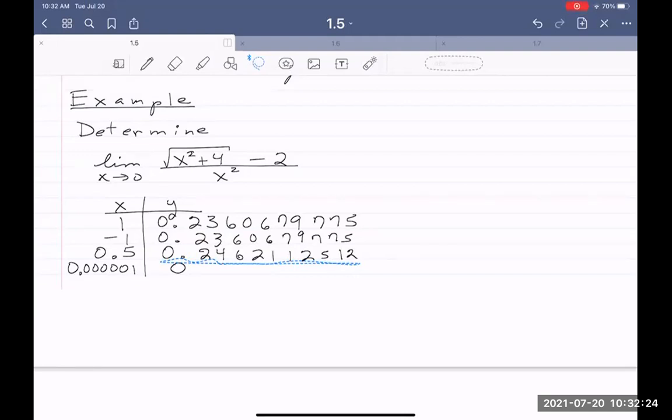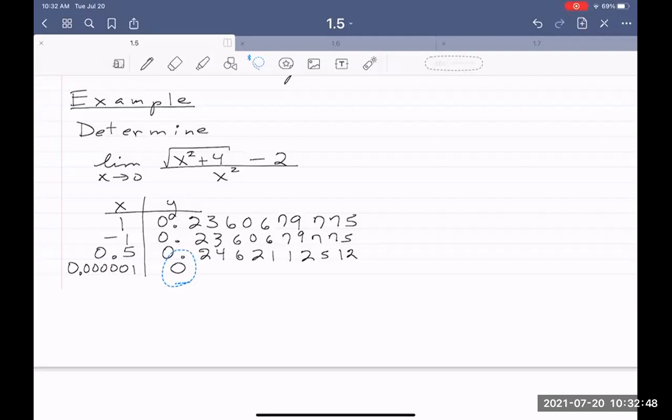Okay, well, this is going to take me forever. So why don't I take a number like 0.000001 and plug that into my calculator. This was done on a TI-83. When I plug that in, I get 0.